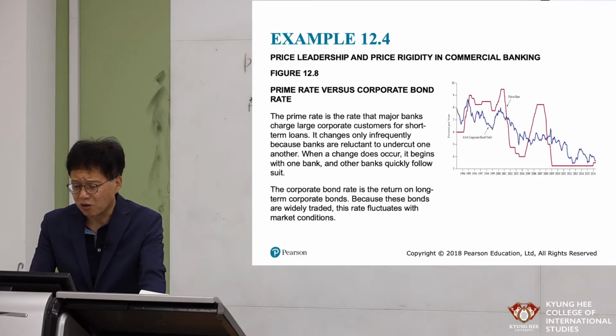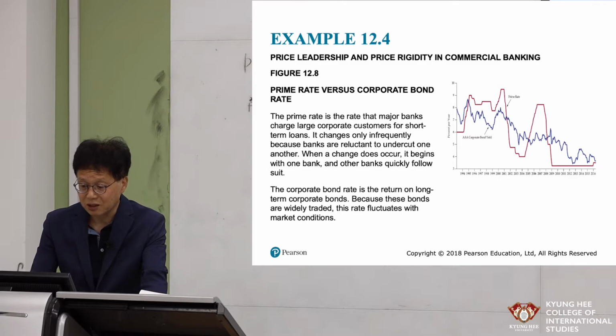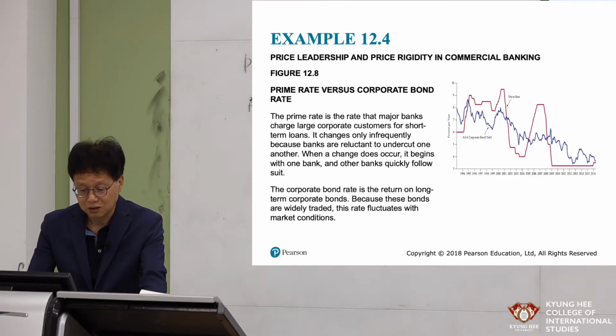It changes only infrequently because banks are reluctant to undercut one another. When a change does occur, it begins with one bank and other banks quickly follow suit. The corporate bond rate is the return on long-term corporate bonds. Because these bonds are widely traded, this rate fluctuates with market conditions.